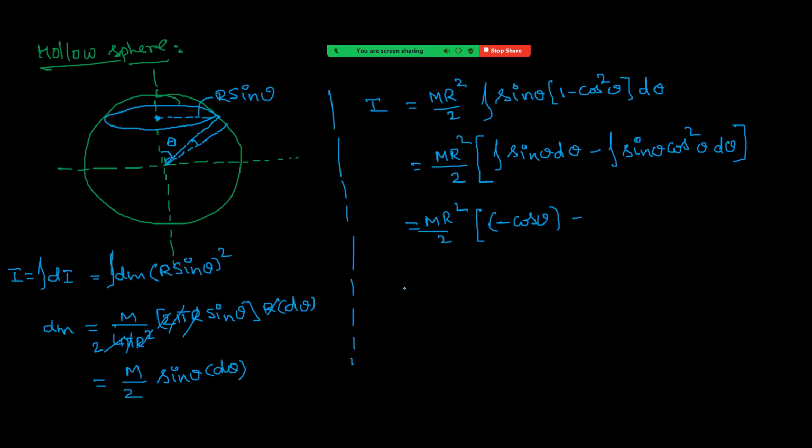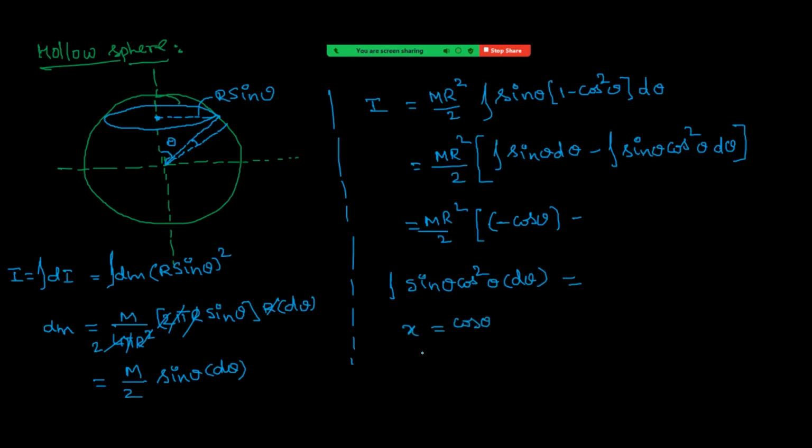So the calculation of this part. Let us take cos theta as x. I am taking separately the integration of sine theta cos square theta d theta. Suppose cos theta is x.